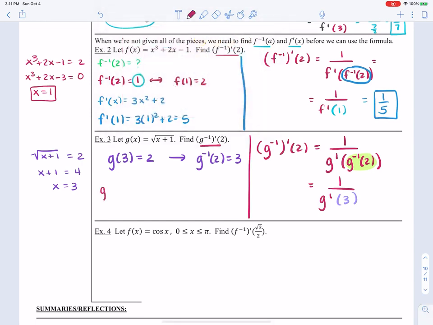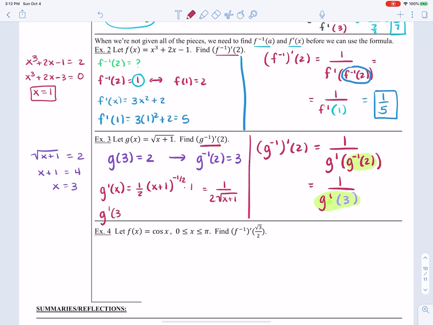So my derivative, g prime of x, we're going to use a chain rule: 1/2 times x plus 1 to the negative 1/2 power times the derivative of the inside, which is just 1, which we'll write as 1 over 2 square root of x plus 1. And my formula says I now need to find g prime of 3. So we're going to plug 3 into this derivative.